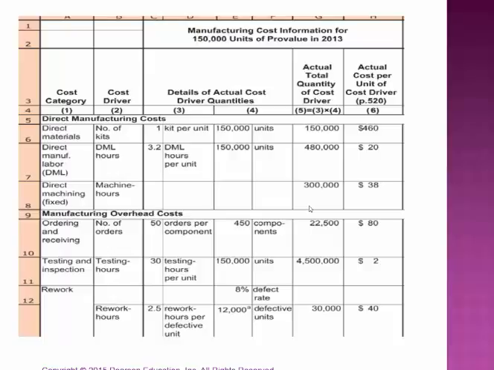Our ordering and receiving cost, we have to place orders, and we also have to receive those orders. And we have so many components that go into our production or manufacture of Pro Value. Okay, so for each component that goes into our item, we have to place an order.